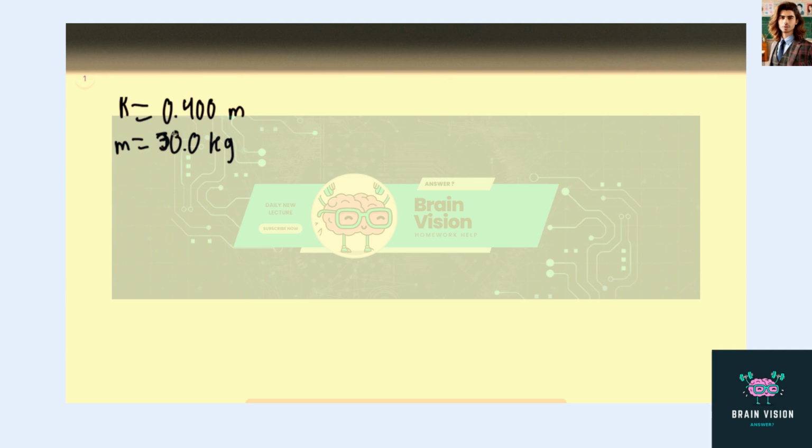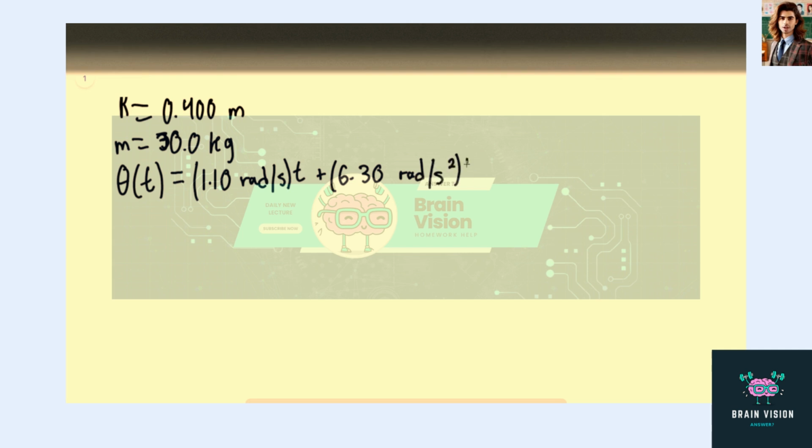We also have a theta(t) of 1.10 radians per second times time, plus 6.30 radians per second squared times t squared.